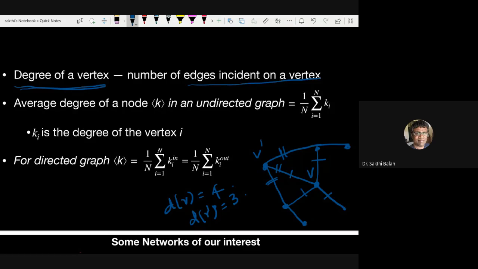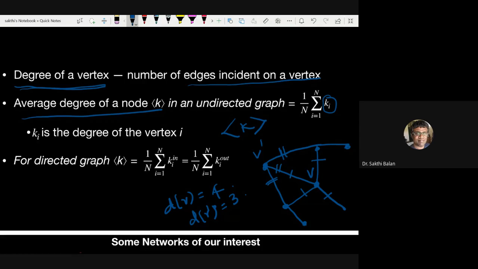Then we can also talk about the average degree of a node. You sum up all the degrees, ki, where ki is nothing but the degree of the ith vertex, and divide by n.